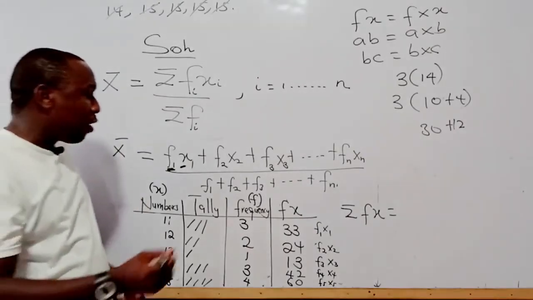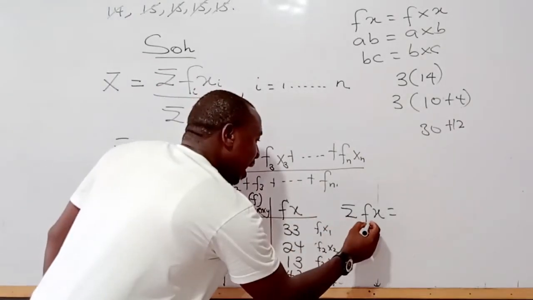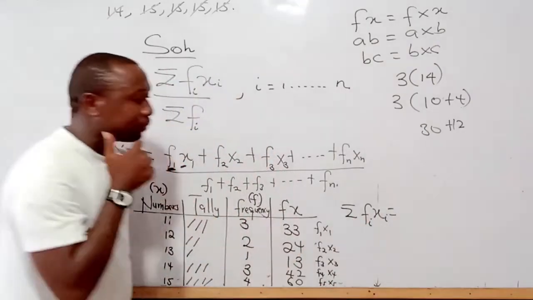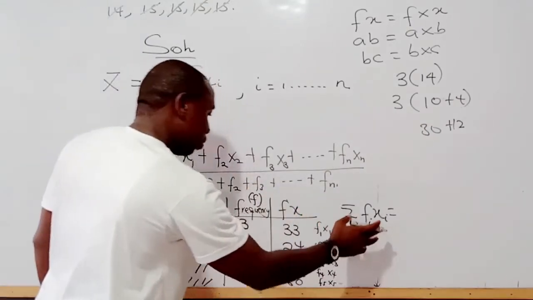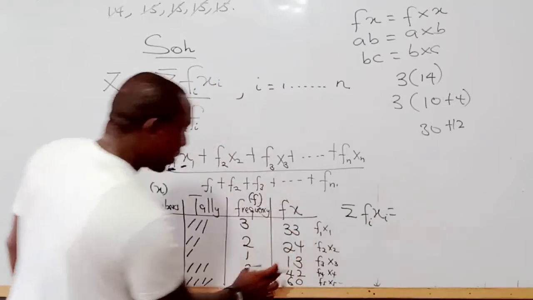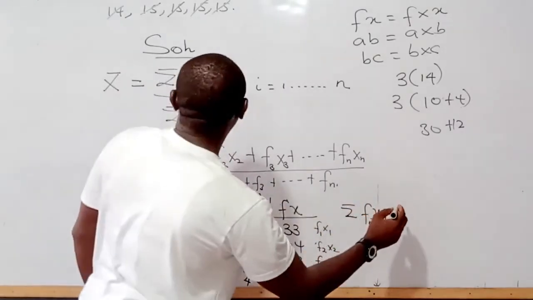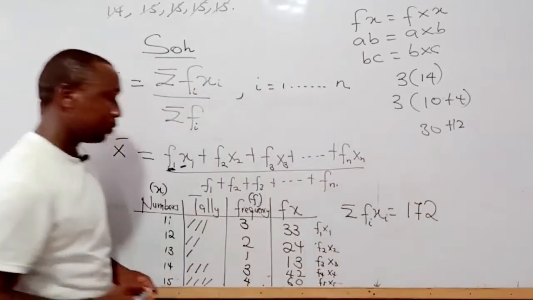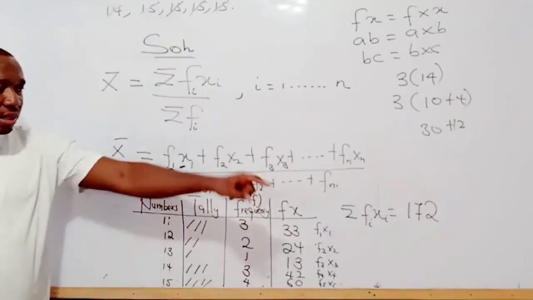So the summation of the Fi's Xi's is now equal to, when you add everything here, 172.